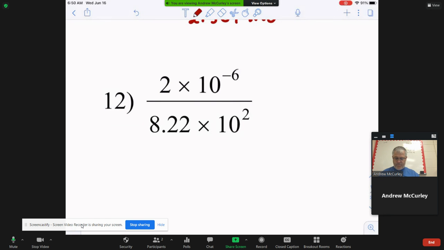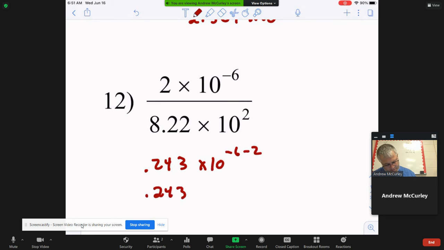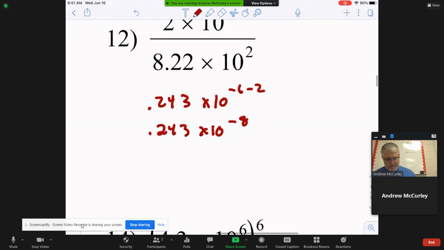Now I've got 2 divided by 8.22. I get 0.243 times 10. I've got negative 6 minus 2. So it's going to be 0.243 times 10 to the negative 8. So now I've got to move this way.